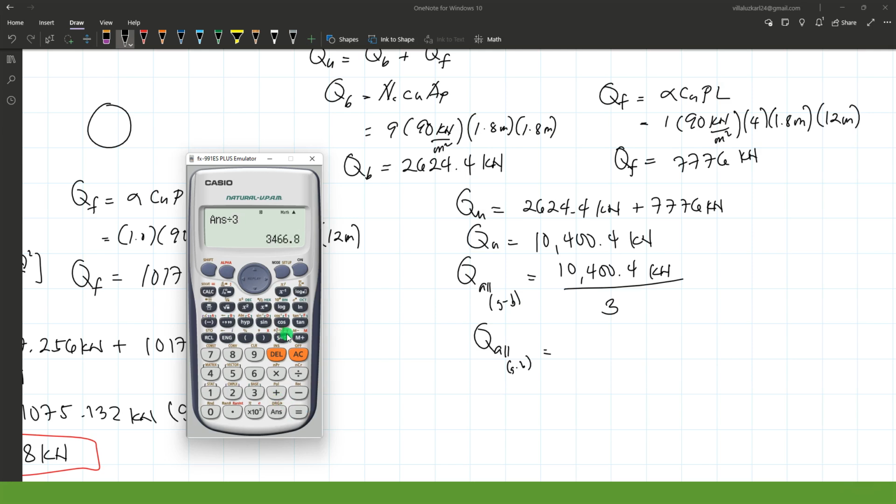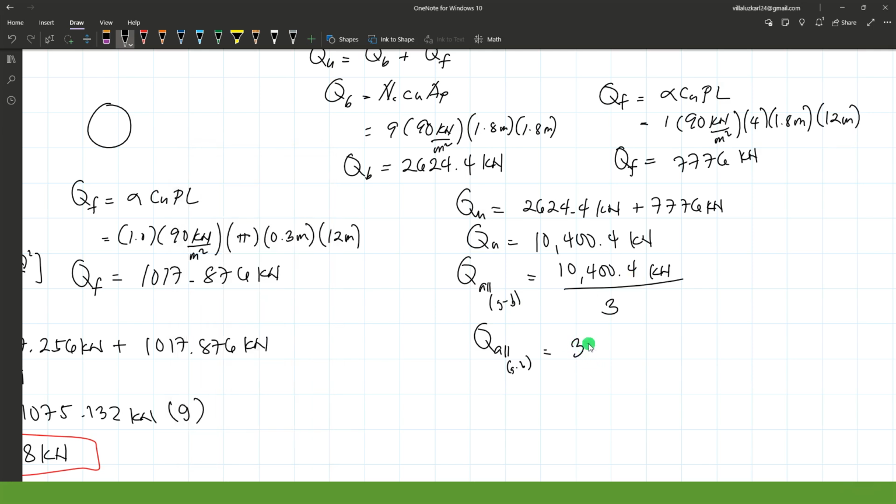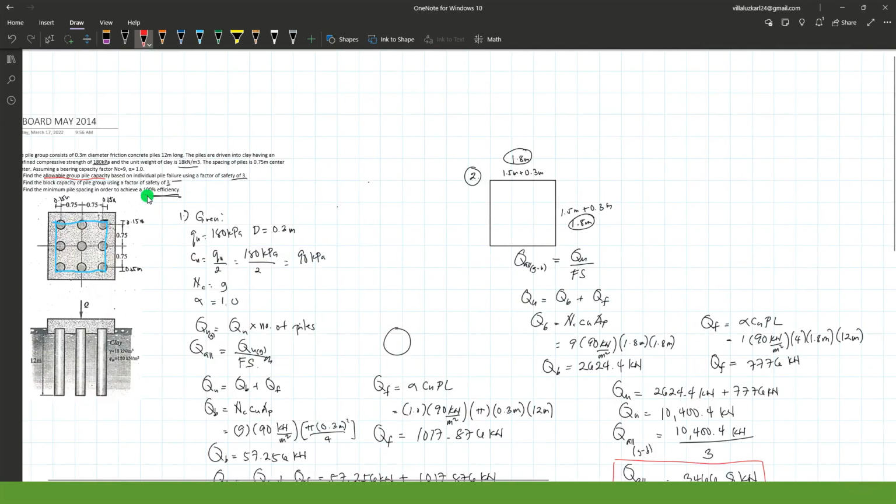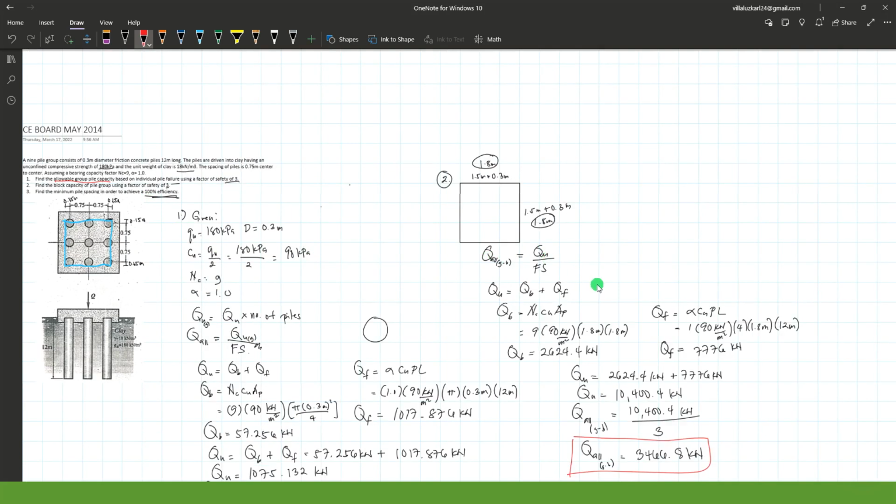Our answer is 3,466.8 kilonewtons. So here is your answer for question number 2, which requires the block capacity of the pile group.